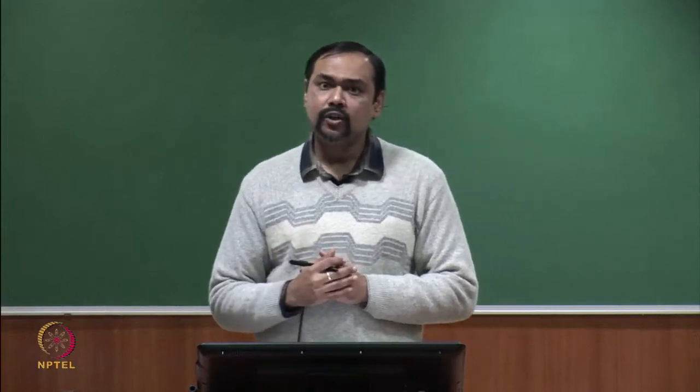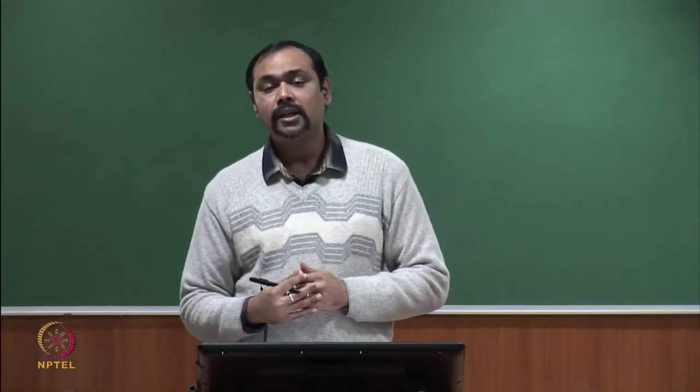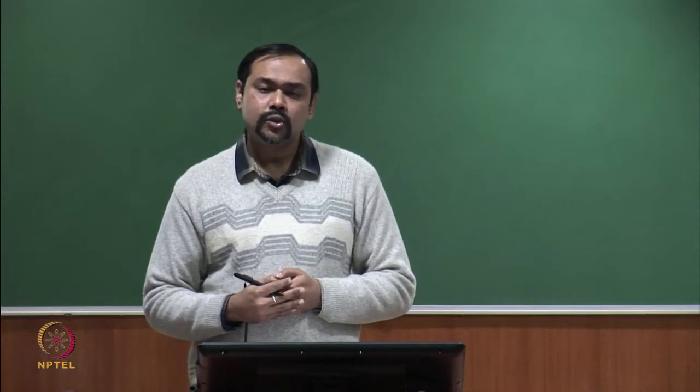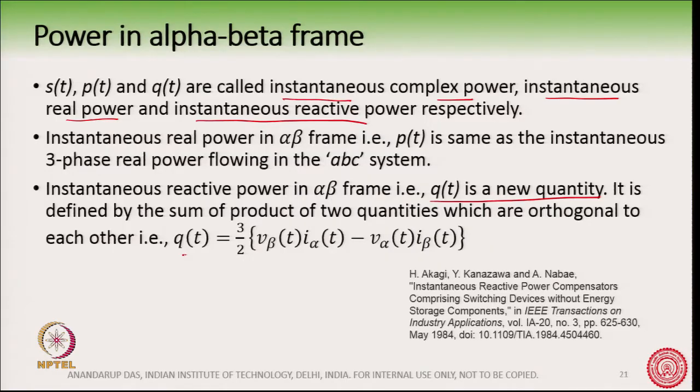But here we are talking about instantaneous quantities which may be balanced, which may be unbalanced, which may even have harmonics. So, that definition of Q, that is capital Q, needs to be expanded, and that is why we are introducing this new quantity Q t, which is the sum of product of two quantities orthogonal to each other.